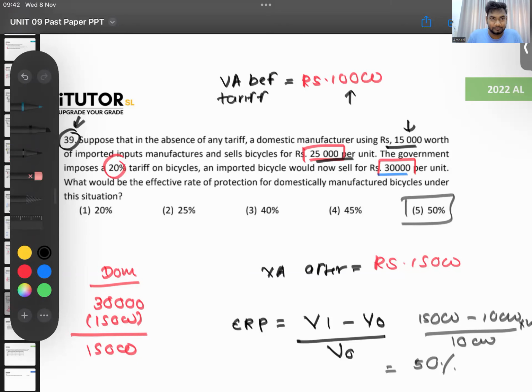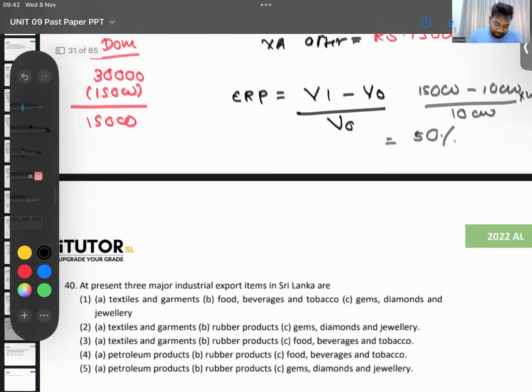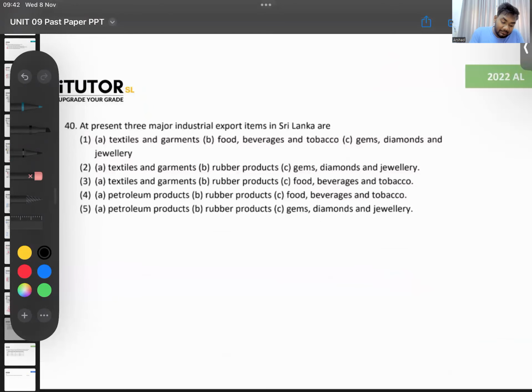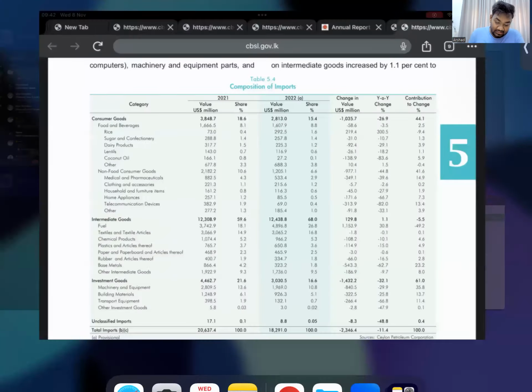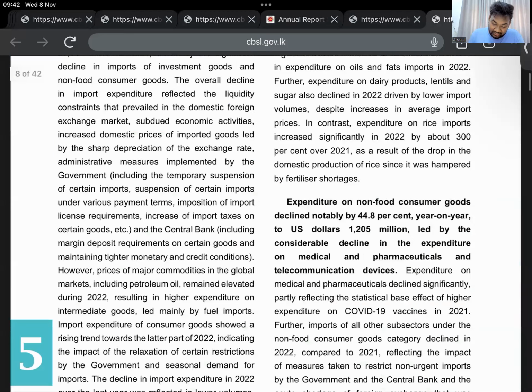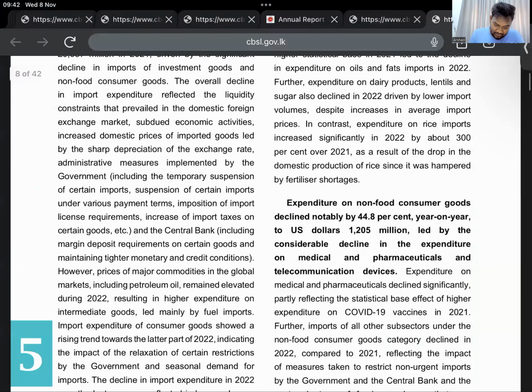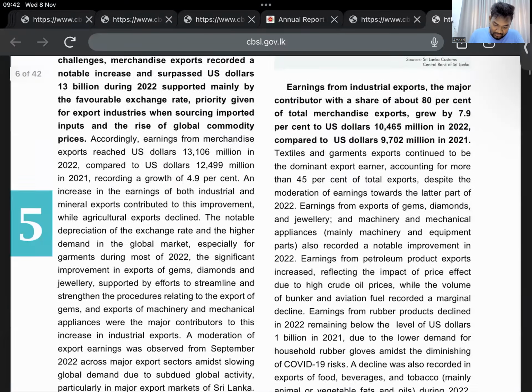Okay. Then going into 40. At present, 3 major industrial export items of Sri Lanka. Now, we'll go to the CBSL report and see the 3 major export items. Exports.